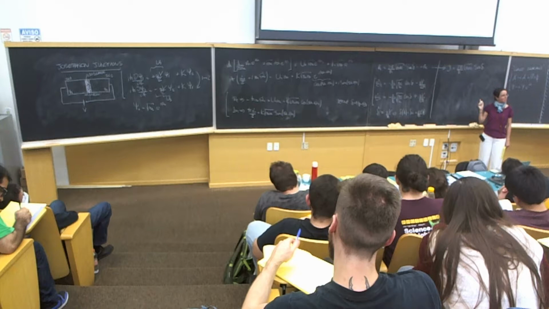And if you apply a magnetic field and you measure your current, what you see is that the absolute value of the current oscillates with this spacing between the maxima of the order of 10 to the minus 15 Tesla.